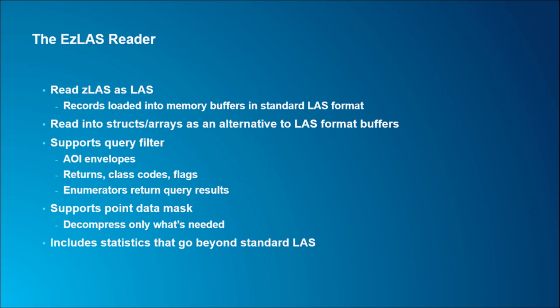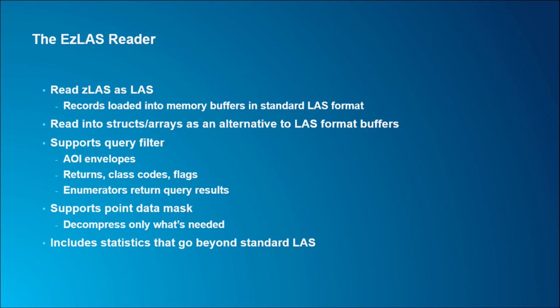That was a flag that was added in 1.4, I believe. And so you can query specifically based on those attributes. And we create enumerators that facilitate looping through the points that are returned by your query.